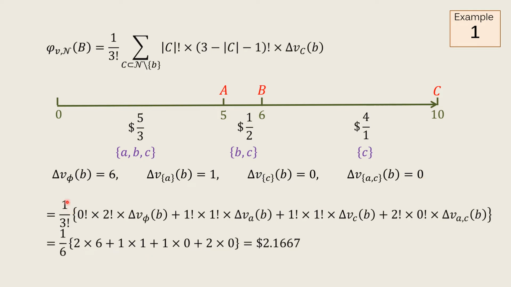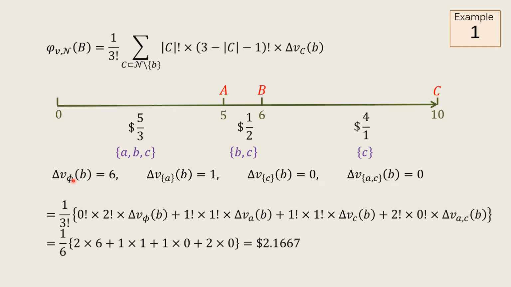And so this is the formula for the Shapley value. 1 over 3 factorial times the size of each coalition factorial times 3 minus size of C minus 1, that's 2 minus size of C factorial, times the marginal contribution of b.